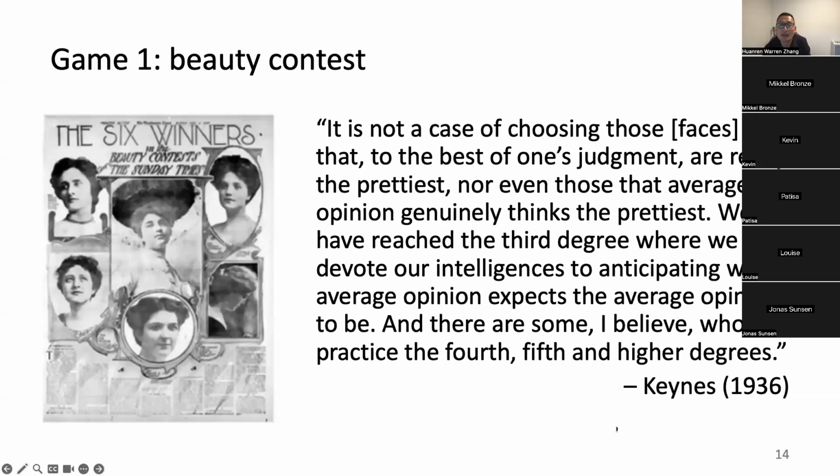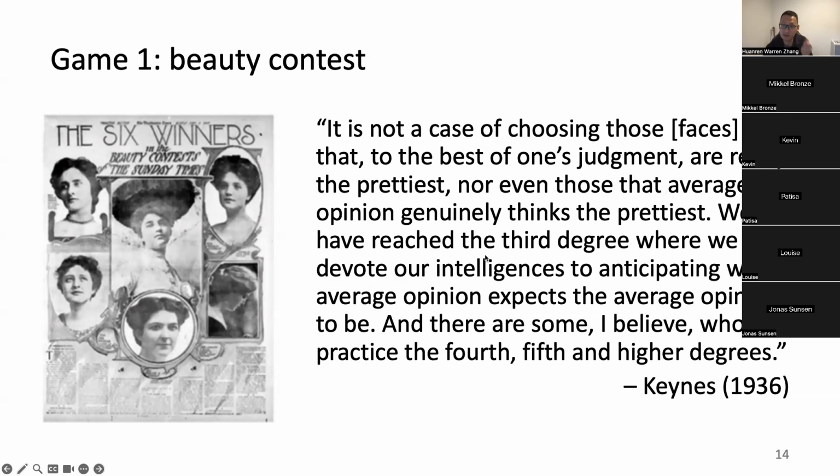So here is a quote by the famous economist John Maynard Keynes. What is the reasoning behind the beauty contest? So here, maybe we can just quickly go through this quote. It is not a case of choosing those faces that, to the best of one's judgment, are really the prettiest, nor even those that average opinion genuinely thinks the prettiest.